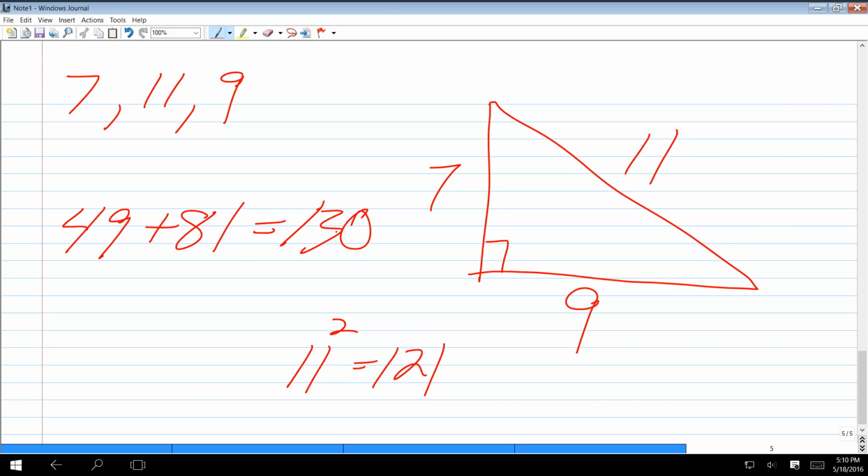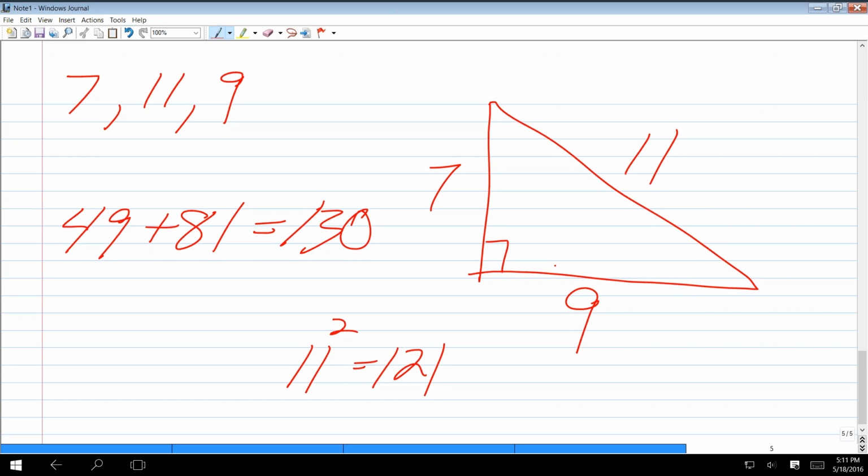Yeah. Which means, let's see, there's got to be an easier way to do this. Which means it has to be an acute triangle.